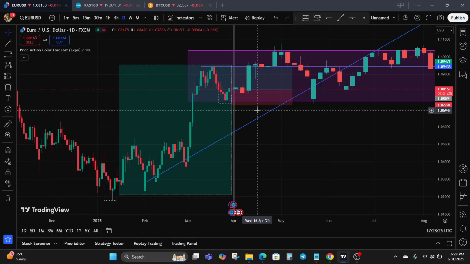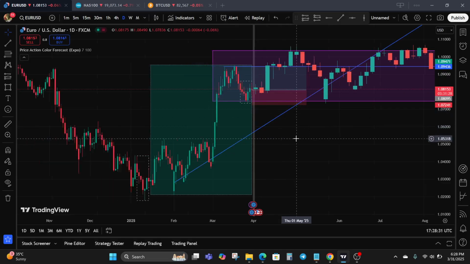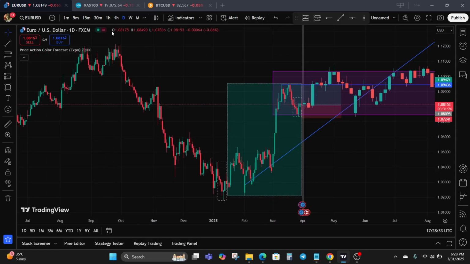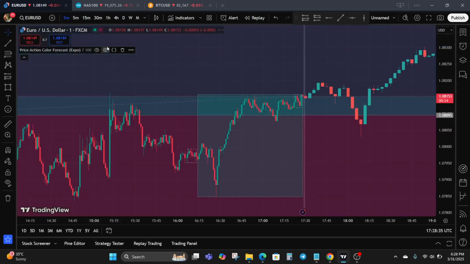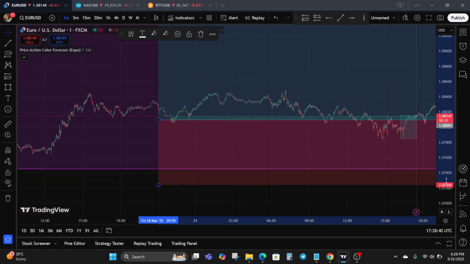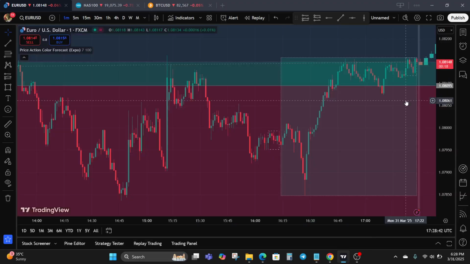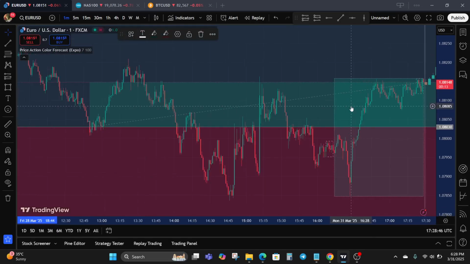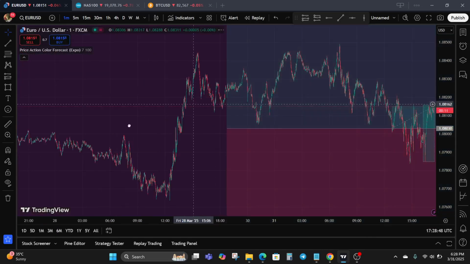To get the most out of the Price Action Color Forecast, here are some best practices. You can use lower time frames for scalping. If you are a scalper, you can use time frames like 1 minute or 5 minutes.